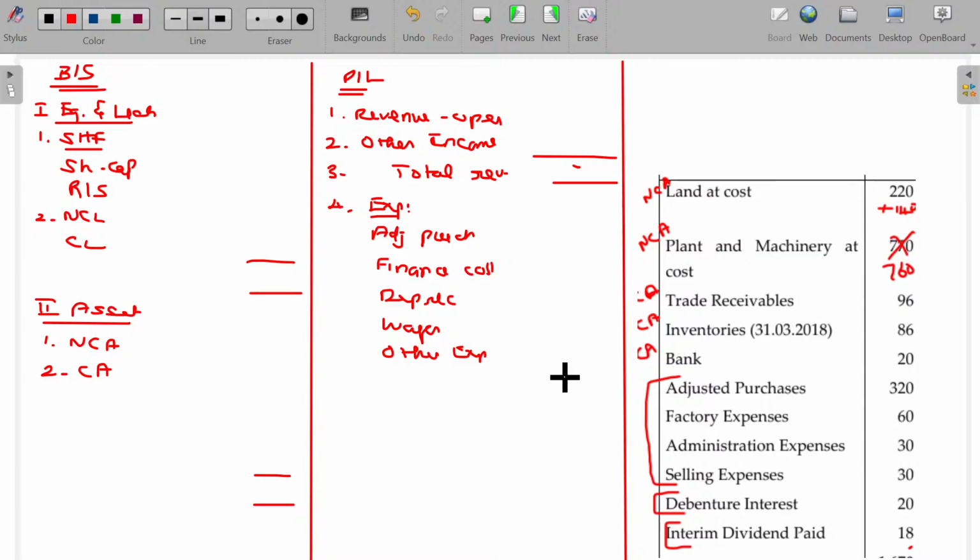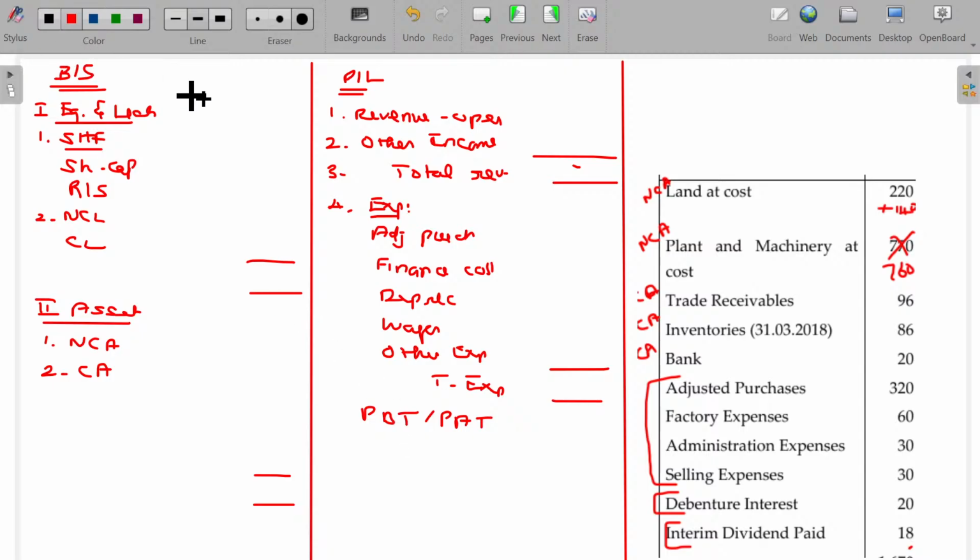Other expenses. This will be the block. Total expenses. Profit before tax. Profit before tax becomes profit after tax. We don't have tax because tax is ignored. The difference between total revenue and total expenses.